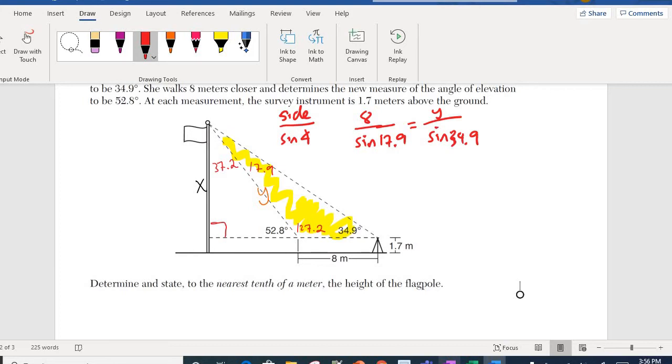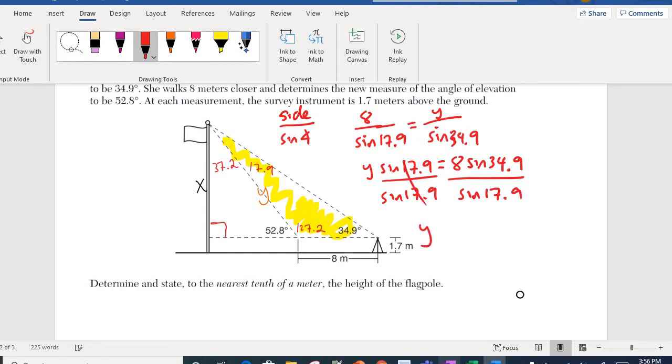I'm going to cross multiply now. So it's going to be Y sine 17.9 equals 8 sine 34.9. We'll divide by the sine of 17.9 on both sides. And now I go to my calculator.